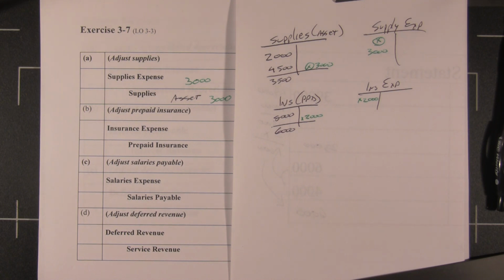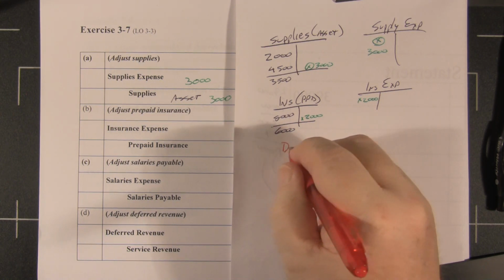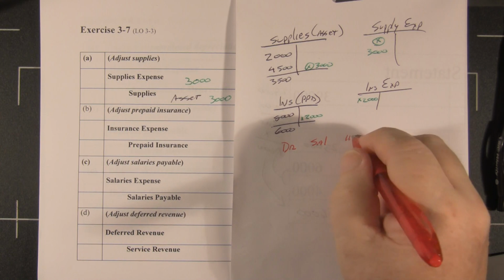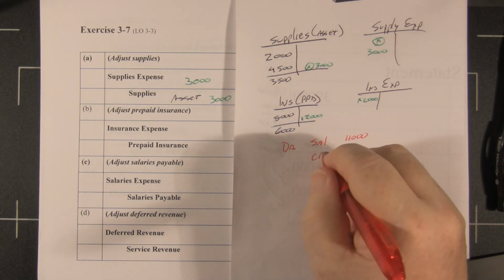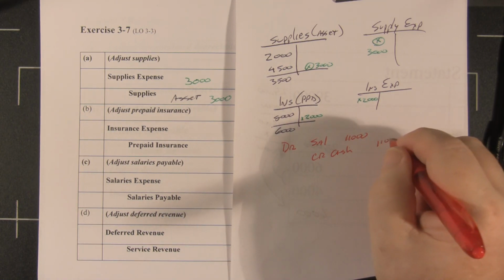You want to debit salaries expense or whatever. That's not what you need to do here. You can ignore that piece completely, because when you paid those salaries, here's what you did. You debited salaries payable, $11,000, and you credited cash, $11,000.